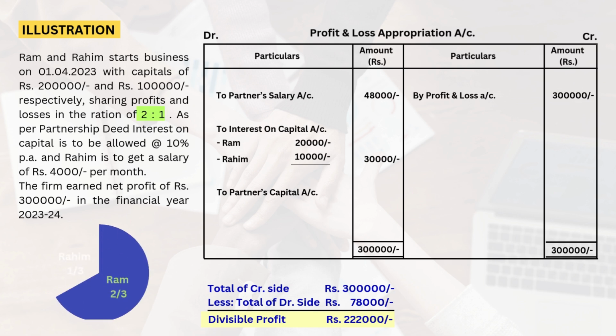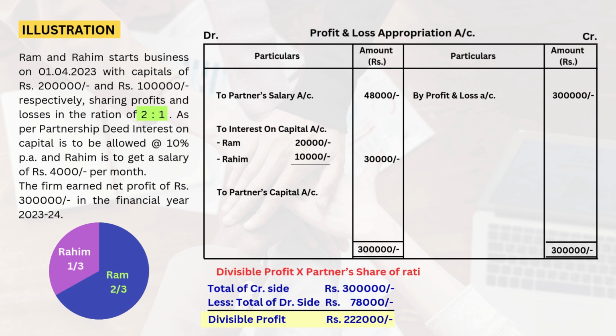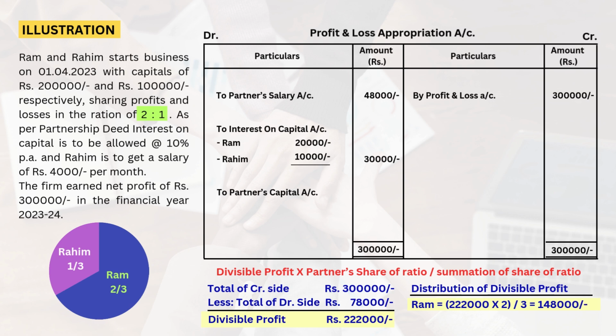Here the profit sharing ratio is 2:1 and the formula is divisible profit into partner's share of ratio divided by summation of share of ratio. Thus, Ram's share will be rupees 2,22,000, that is divisible profit, into 2, Ram's share, divided by 3, that is 2 plus 1, the total of the profit sharing ratio, equals to rupees 1,48,000.